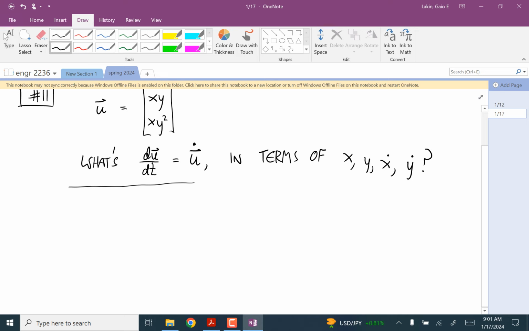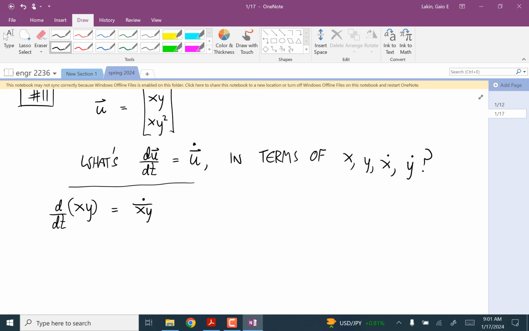So let's break it up into two pieces. So first, xy, if you're taking the time derivative of this, you could also write that as d dt of xy, the time derivative of the whole thing. That's just another way of writing the same thing.